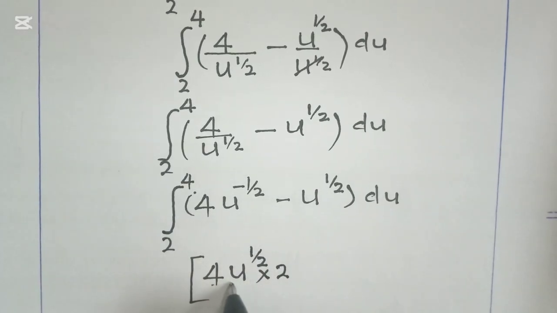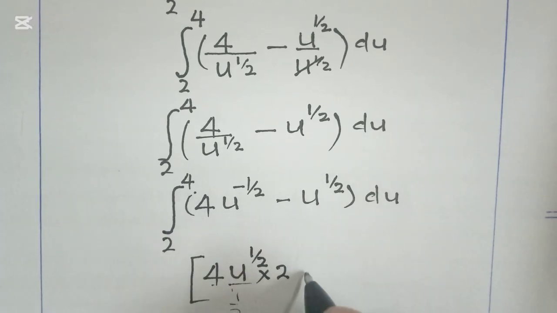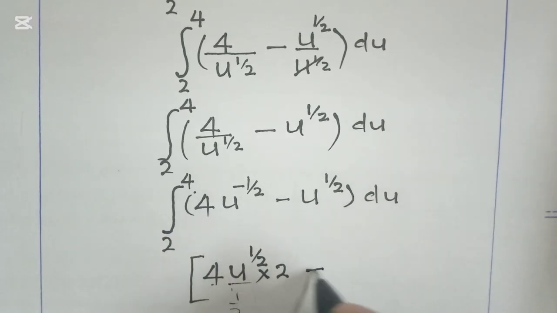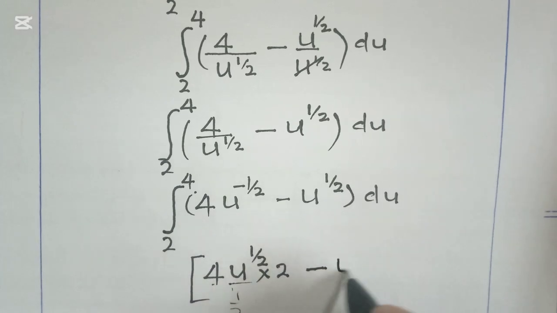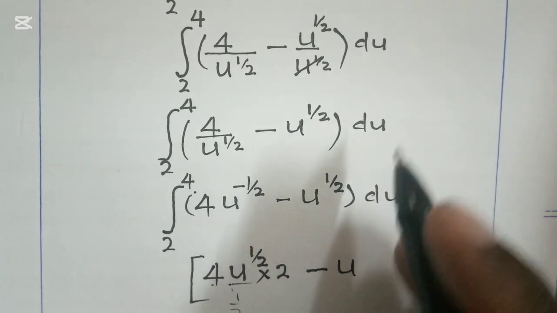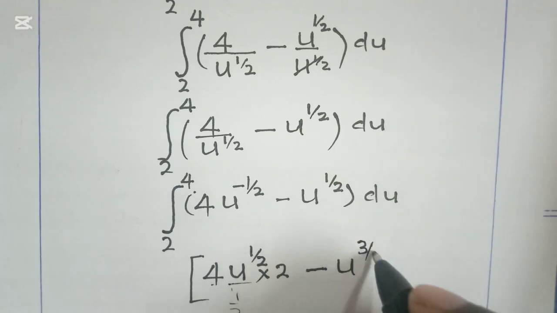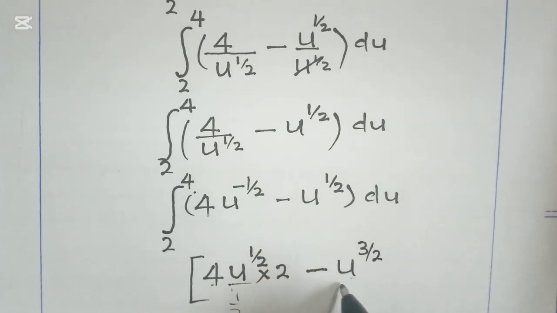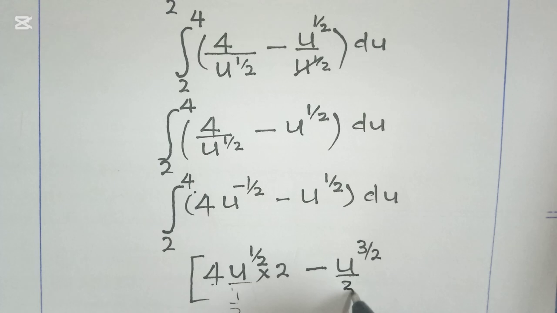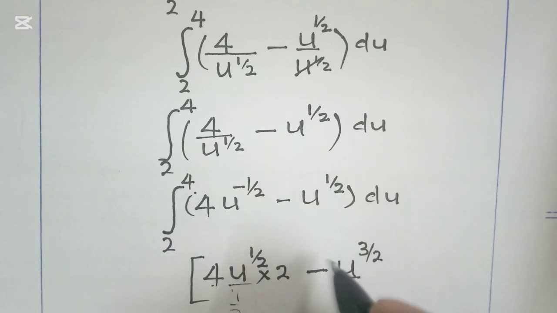Because if you have a half below like that, then 2 will go up. Minus, this is u raised to a half plus 1, that will give us 3 over 2, all over 3 over 2 again, so 2 will now come here.